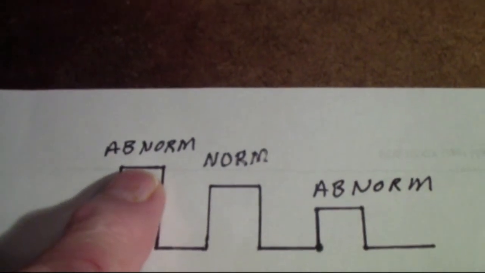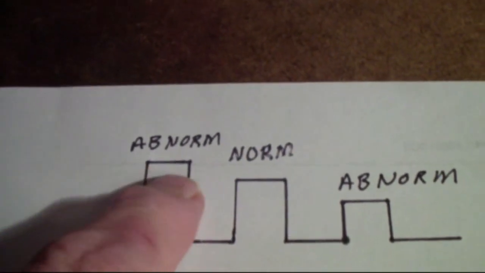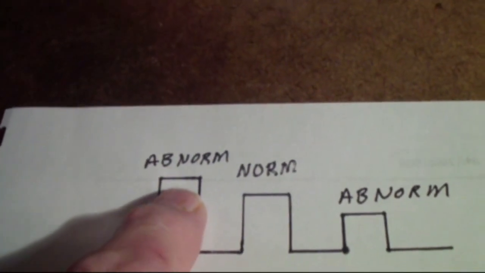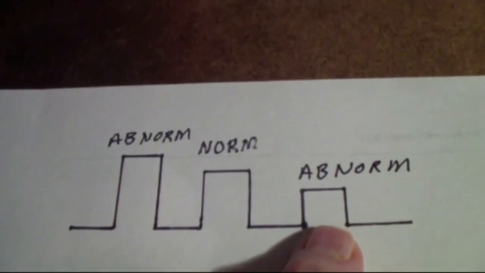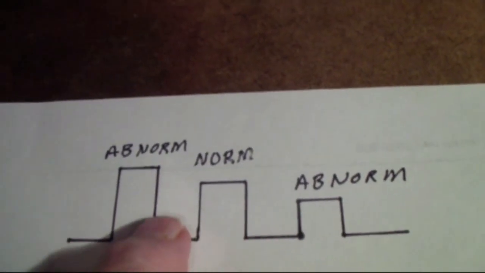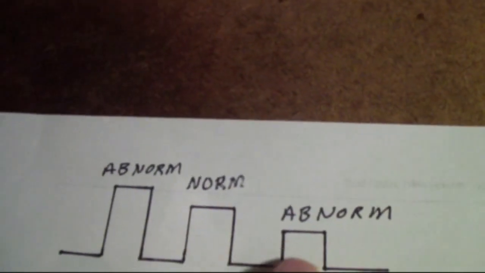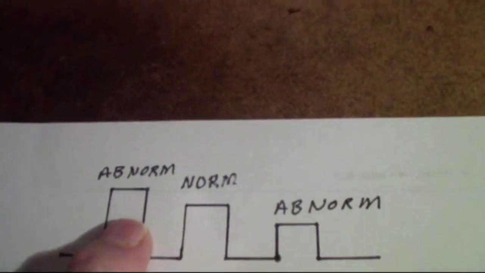These are pretty easy to find without anything special because you can just set your trigger level above the normal, and if there are any pulses up there, it'll sense them. The harder one to find is this one, and the reason is if you set your trigger level anywhere in the middle of this pulse, it'll also detect or trigger on this pulse and this pulse.